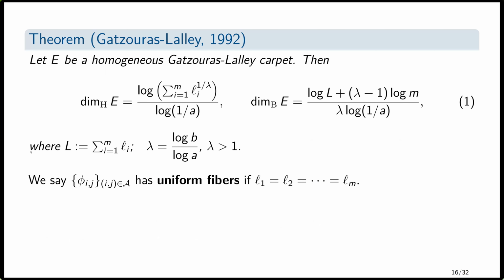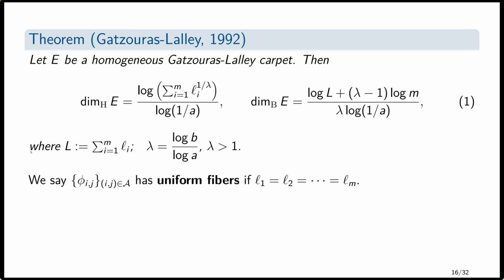So before we consider the box dimension of the projection set, let's first compute its original set's Hausdorff dimension and box dimension. So here, the dimension formula was given by Gatzouras and Lalley in 1992.